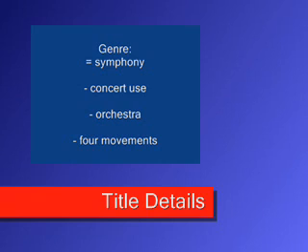All of our examples for the movement format come from symphonies, but this does not relieve you of the obligation to know these details about the sonata, the concerto, and the string quartet.